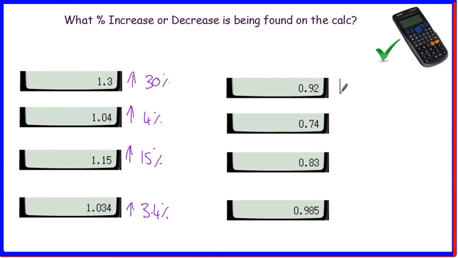This is a decrease, and I know that all of these are decreases because they begin with 0 point. That's take away 8%, take away 26%, 17%. Just be careful here: it's not 2% because that would be 0.98, so it's going to be 1.5%.